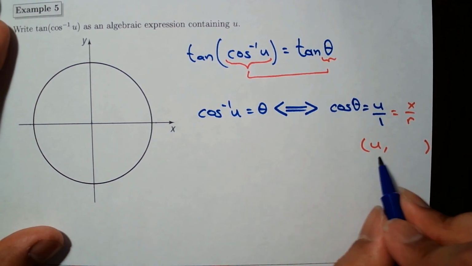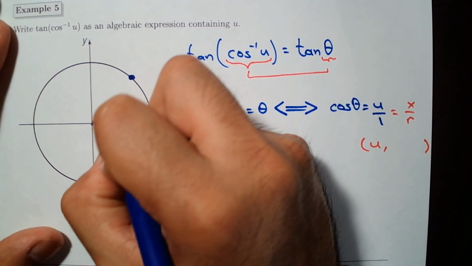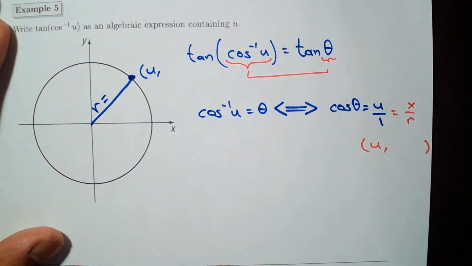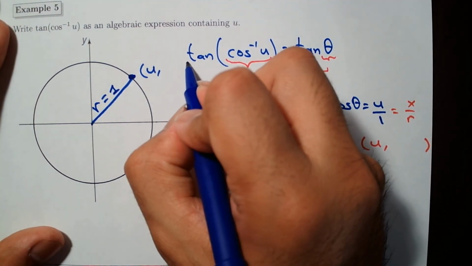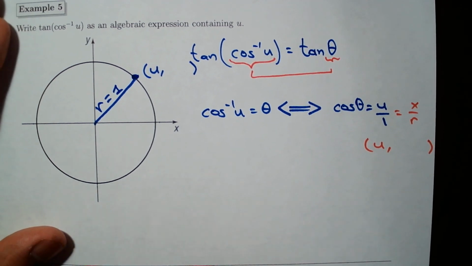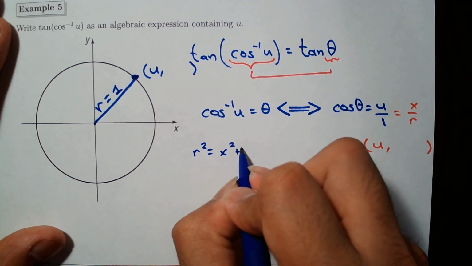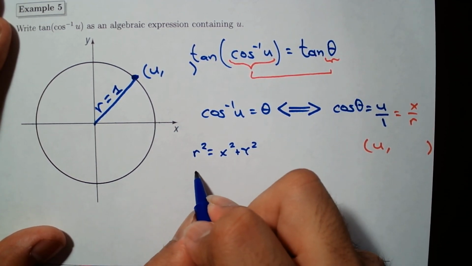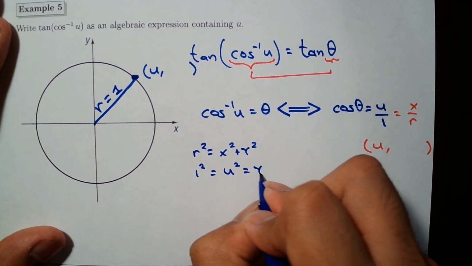So the point u, comma something, with r equal to 1. We need to find the y coordinate of this point in the given circle. Well, r squared equals x squared plus y squared. In this case we're looking for y squared, so r squared equals 1 squared, x squared, which is u squared, equals y squared.